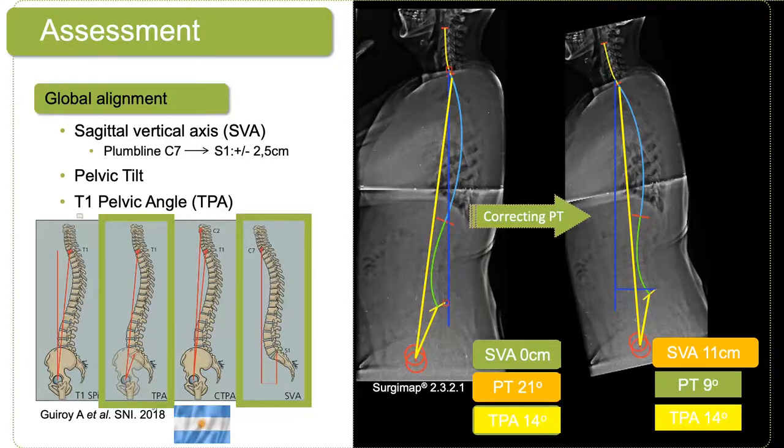The TPA does not account for the pelvic incidence value, but remember that compensation inside the spine segments will change this value. The TPA target is less than 14 degrees. Our colleague is at the limit that I would not expect for a young patient. In 2018, Alfredo Giroy and colleagues did a study of the normal values of an Argentinian population.